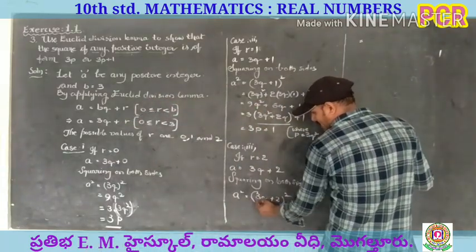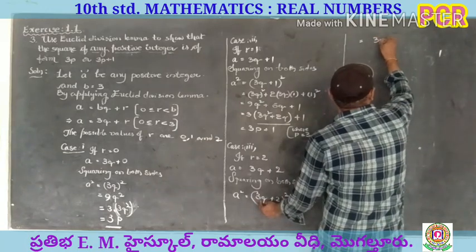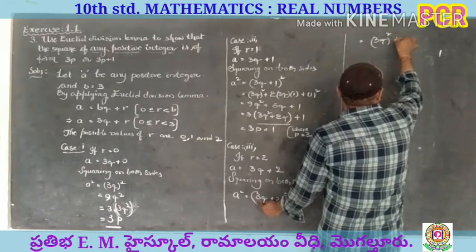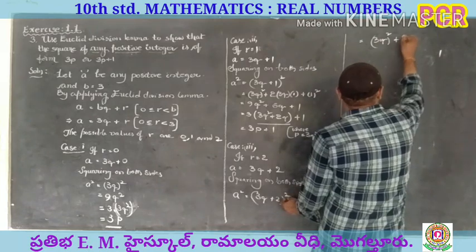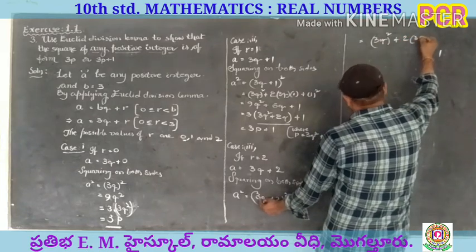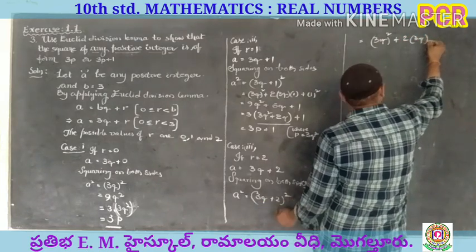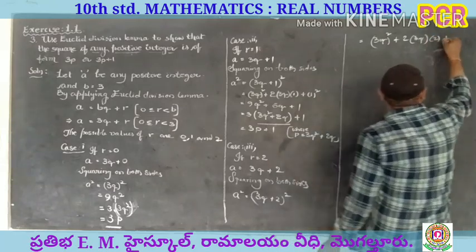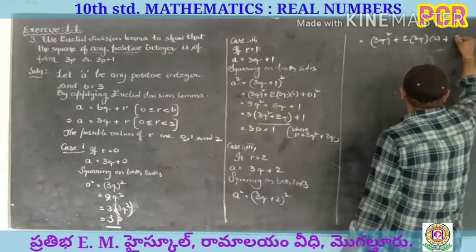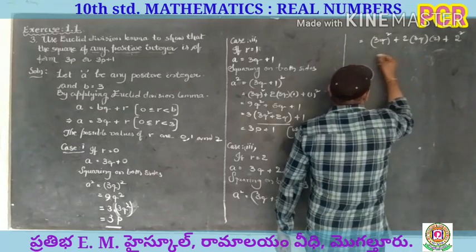a square. That means (3q) whole square plus 2ab, 2 into 3q into 2, plus b square means 2 square.